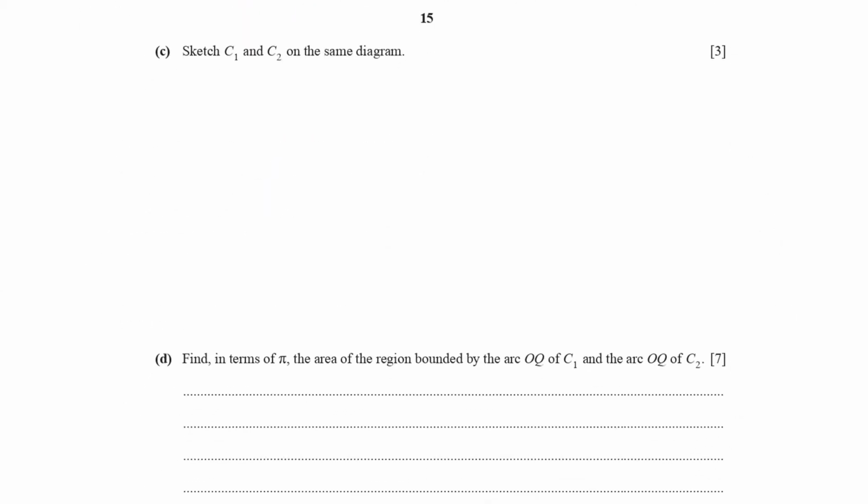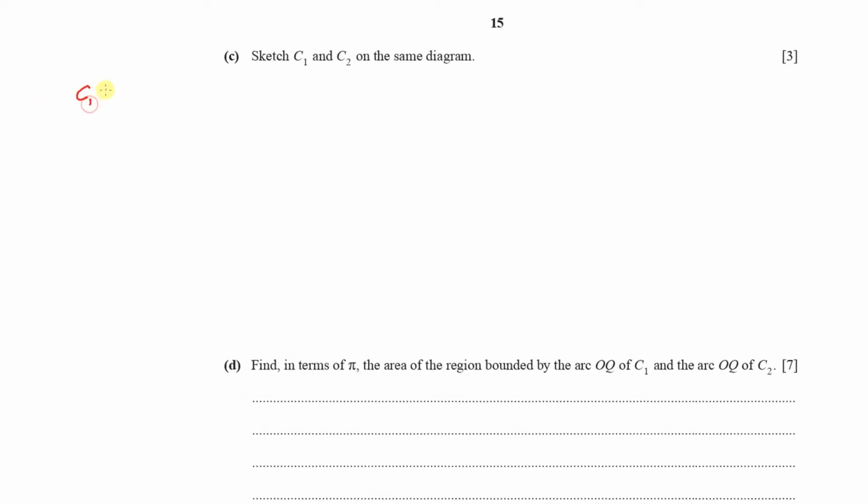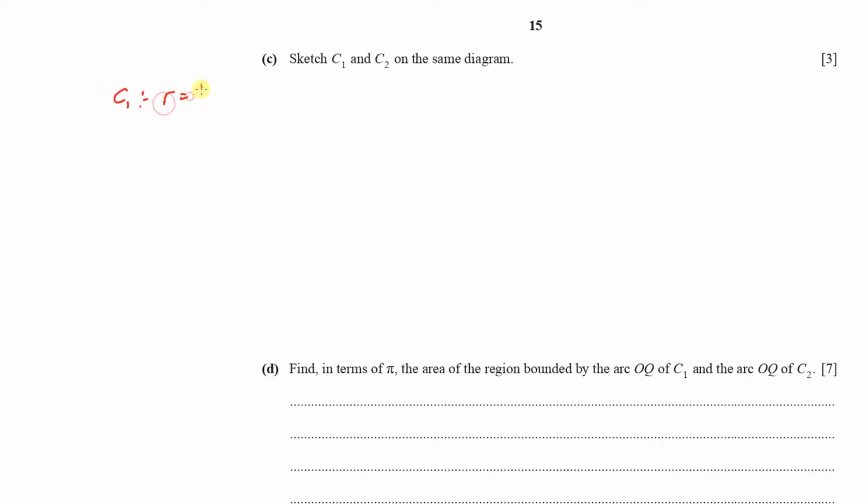On part C, they say, sketch C1 and C2 on the same diagram. Now, we have C1 with the equation r is equal to theta cos theta, and we have C2 with the equation r is equal to theta sine theta.